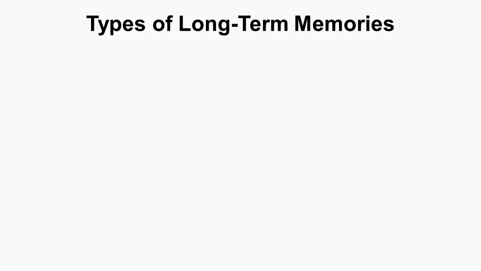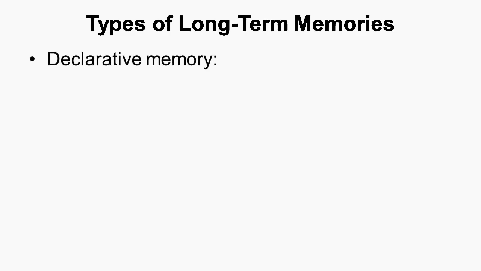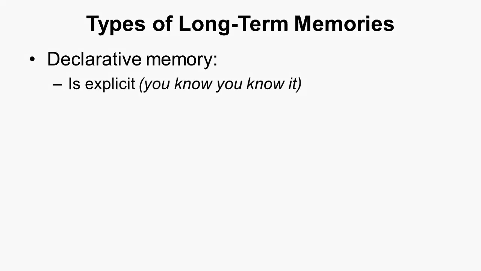Now, you have two basic kinds of long-term memories. You have declarative memories and non-declarative or procedural memories. Declarative memories are memories that you know. They're explicit memories. These are things like your memory for facts, like what is the definition of the word cat.